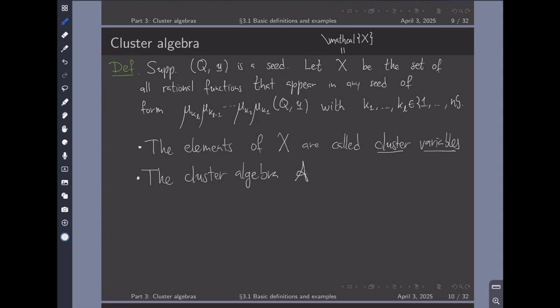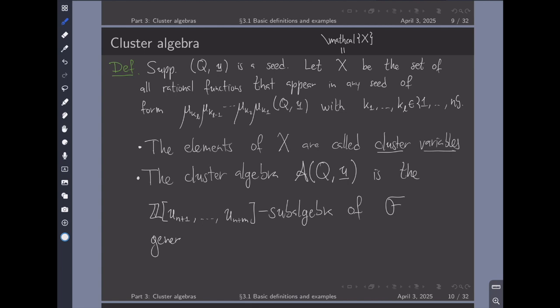This is like the calligraphic A of (Q, U). It is the subalgebra of F, the original field, generated by X, so by all the cluster variables, together with u_{n+1}, etc., u_{n+m}.